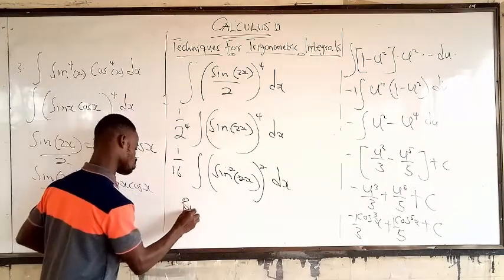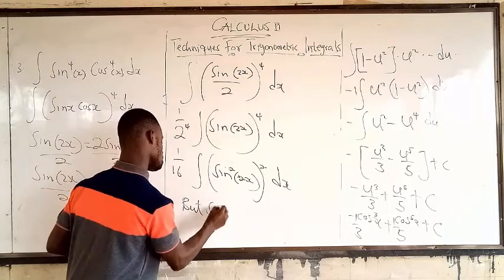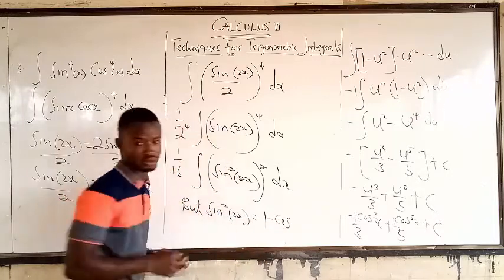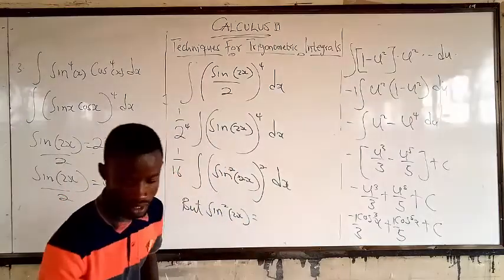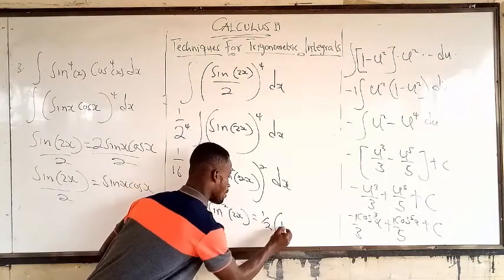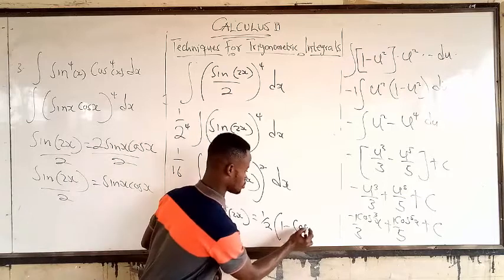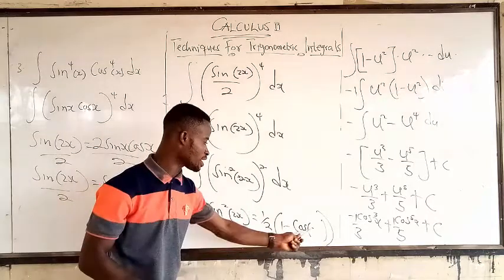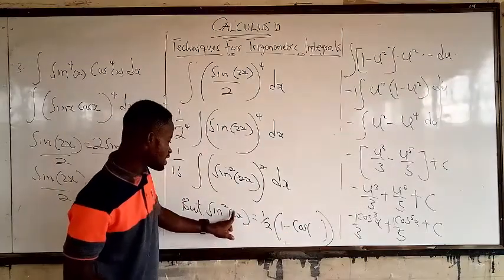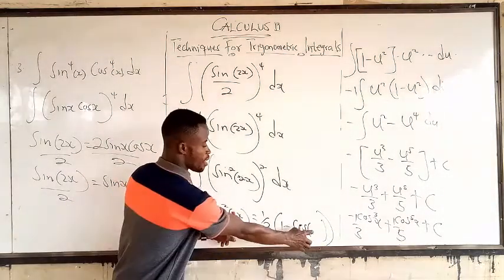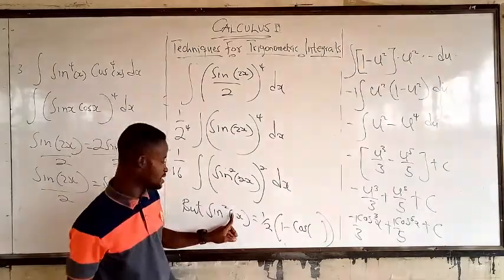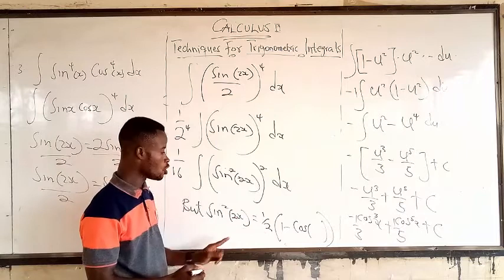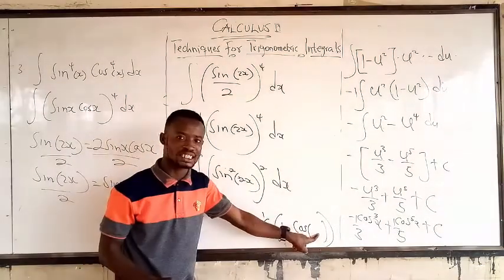So the next thing to do is to apply a half angle here. So sin squared 2x is equal to half of 1 minus cos. Now watch. What determines this? If here is just x, here will be 2x. But now here is 2, so you multiply 2 by the 2x here.